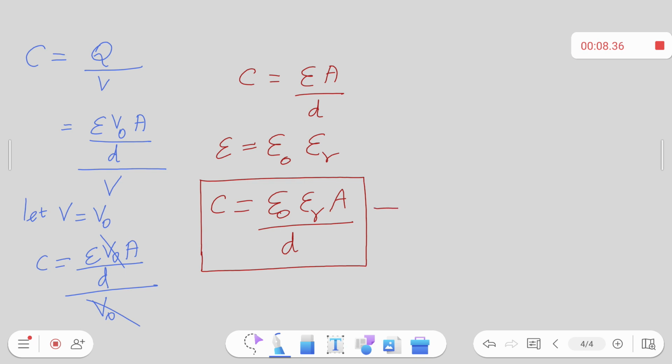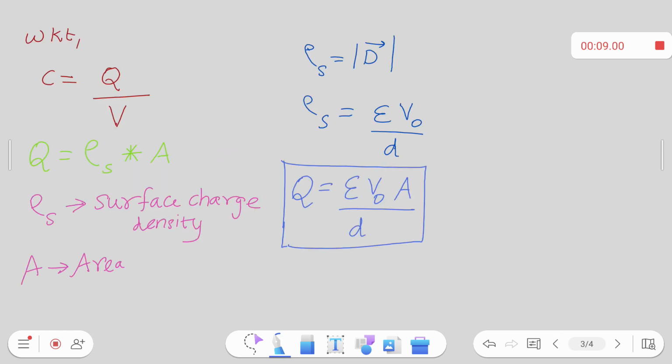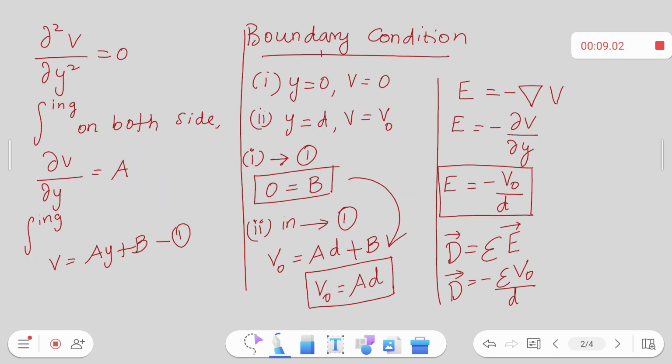From this equation we infer that my capacitance does not depend on the voltage you supply to your capacitor. It purely depends on the area of your capacitor, the distance between the two parallel plates and the permittivity of the material you use.